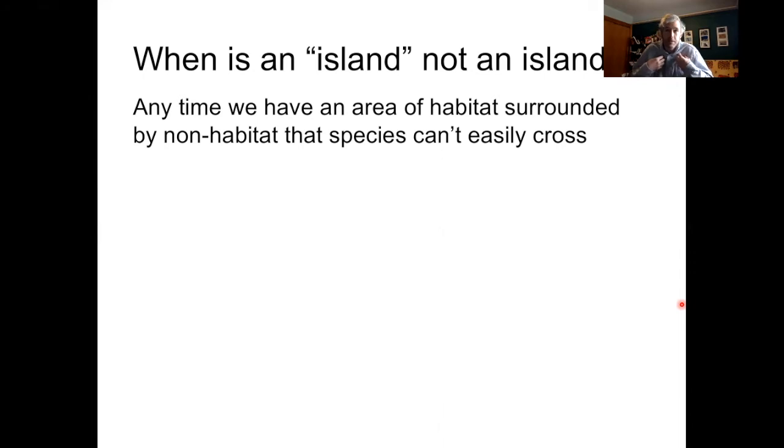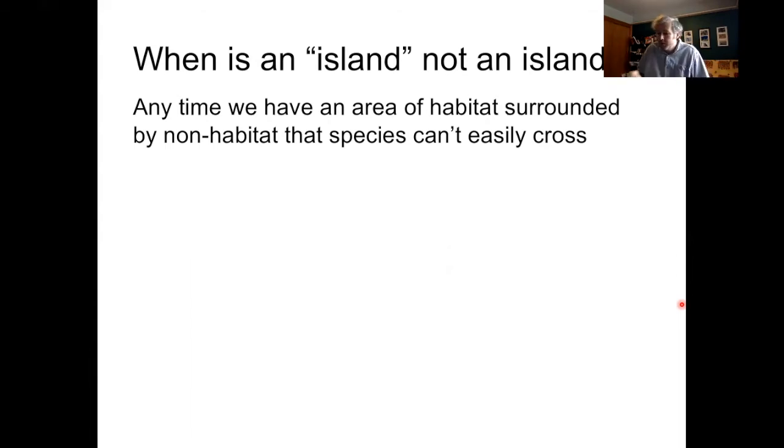For us personally, when we think about an island, we immediately think of an island in the ocean. This is because land to us is habitat. Ocean is not habitat, although we can swim and dive and sail, we can't actually live in the ocean. So ocean represents non-habitat and land represents habitat. For us, an island is a piece of habitat, the land, surrounded by non-habitat.